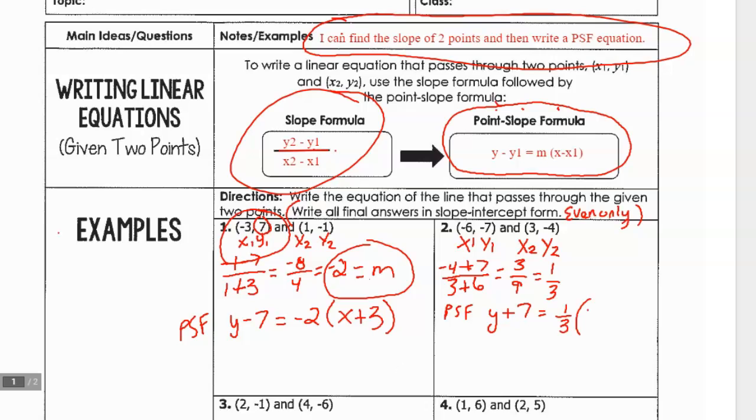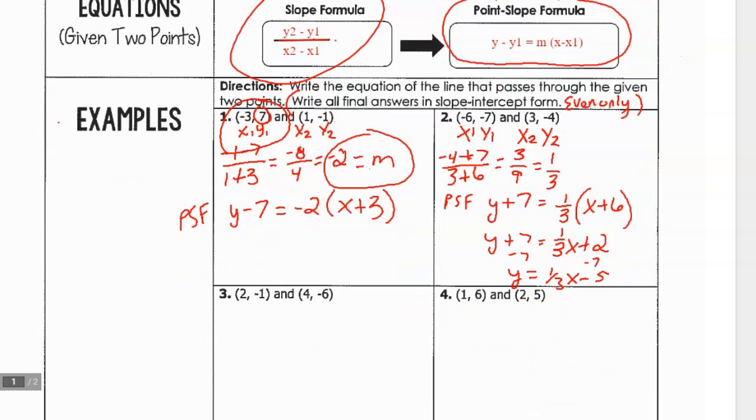And then we have x minus a -6 becomes a +6. Okay, 1/3 of 6 is 2, so I just rewrite this as 1/3 x plus 2. The y plus 7 drops down. I subtract 7 from both sides. y equals 1/3 x minus 5.